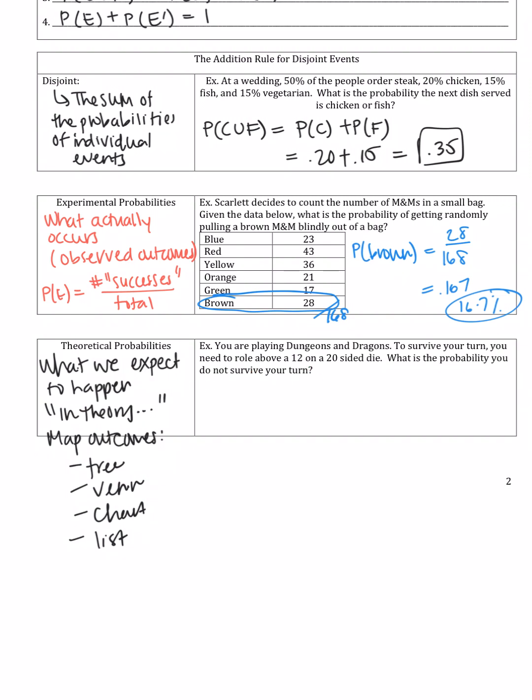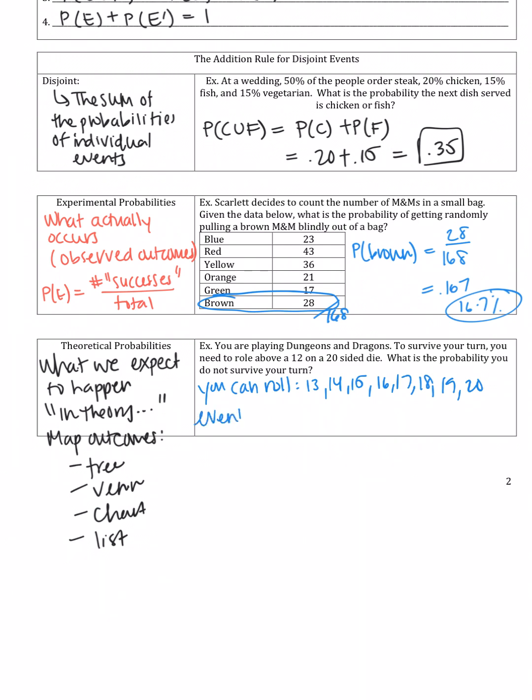Okay, so obviously we're not looking at data of someone actually rolling the die, where we would have experimental probabilities. We're talking about something theoretical, something that could happen. So I talk about what can happen, and I can roll 13, 14, 15, 16, 17, 18, 19, or 20.